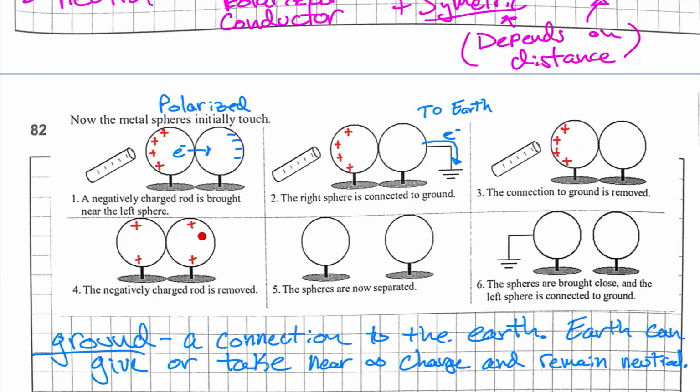So some electrons from over here got attracted and it left an excess of protons on the right side. It's always electrons that move in these situations. When we separate the rods, they both have a symmetric positive charge distribution.